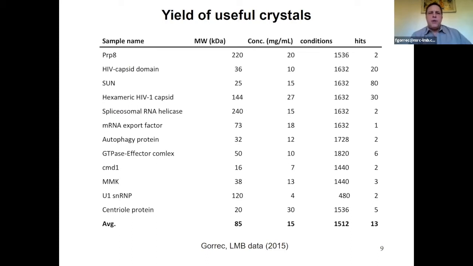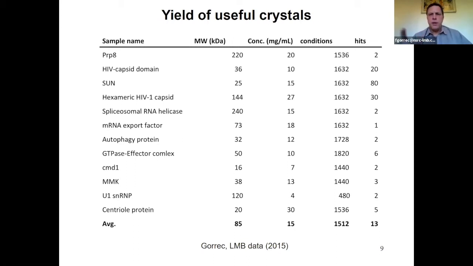I calculated an average of 1%. When you start, you see the initial conditions, more than 1,500, more than 1,600, up to 1,820 conditions. And it was just to represent the bottleneck, which is obtaining useful crystals.